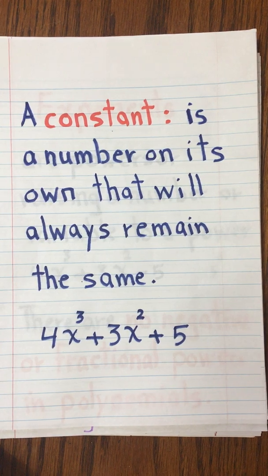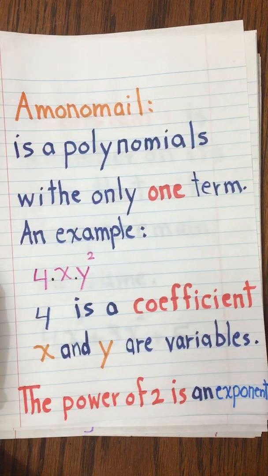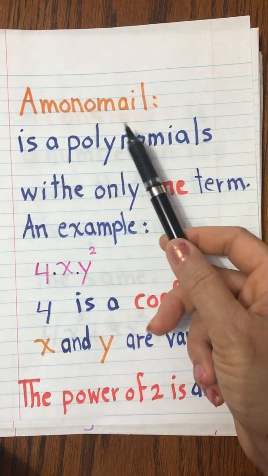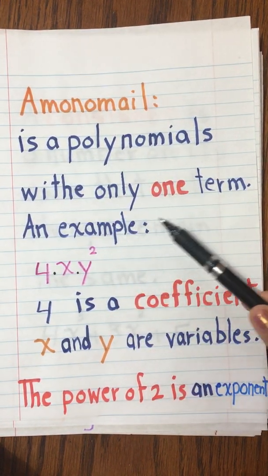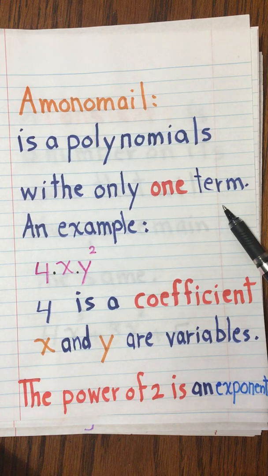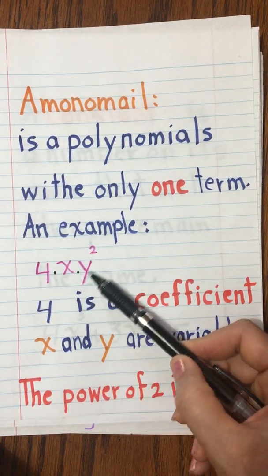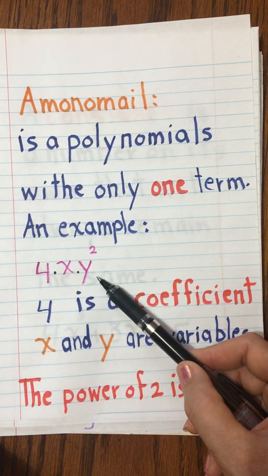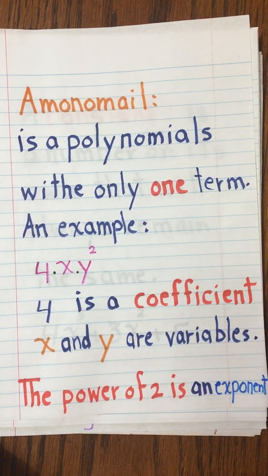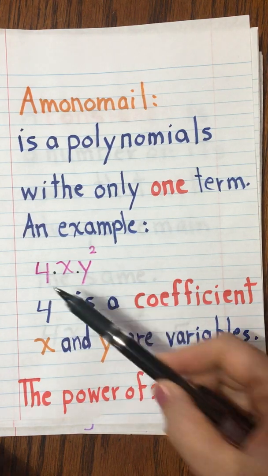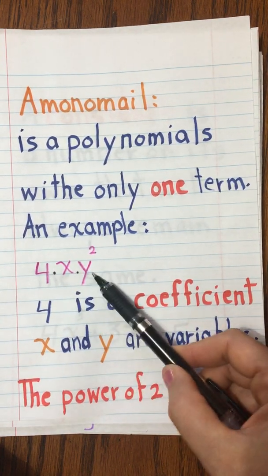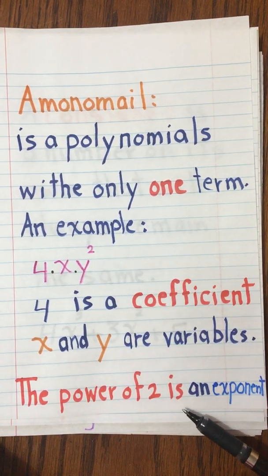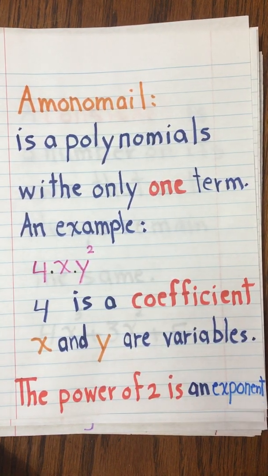There are 3 types of polynomials. The first one is a monomial. A monomial is a polynomial with only one term. An example, 4xy squared, this is one term, which is a monomial. 4 is a coefficient, x and y are variables, and the power 2 is an exponent.